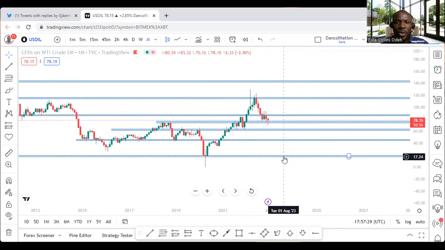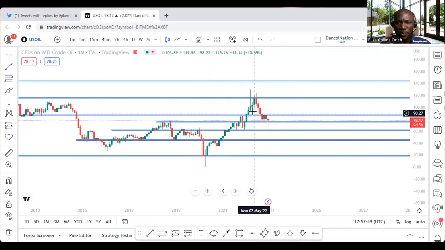It may be temporary or overall, because what you must know is that oil has been in a bullish movement since May of 2020 up to 2nd of May 2022. That is a very long time.